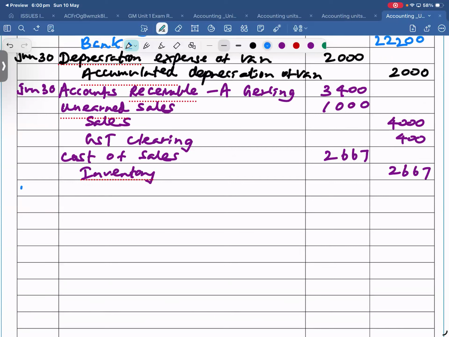Are we not going to update the trial balance for the last month? Yeah, we'll do it. Unknown sales we can do actually. Hold on. Wages 400, accrued wages 400.